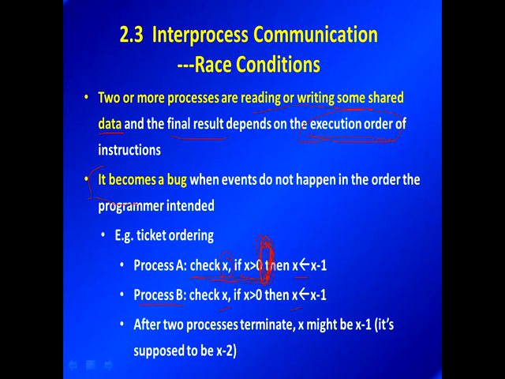So at this point, X on the server is 3, and then process B checks X, reads X, and gets X is 3, which is greater than 0, and then process B executes the next instruction, and in process B the last instruction is executed and X is written as 2, because X is 3 before we subtract 1 from it.